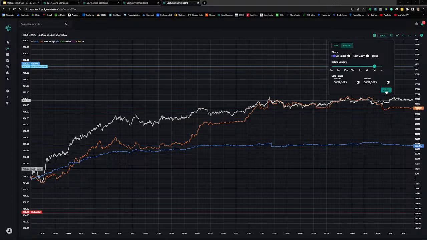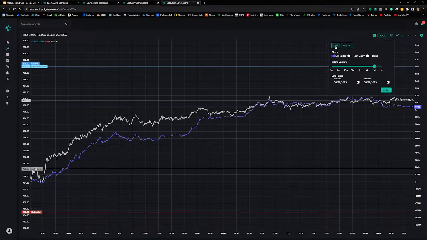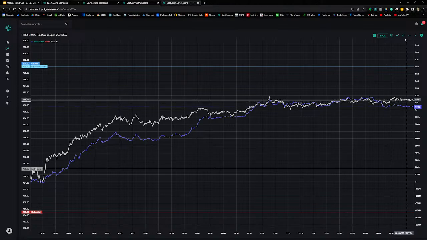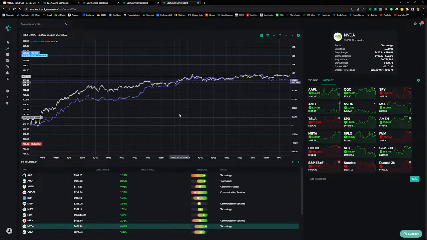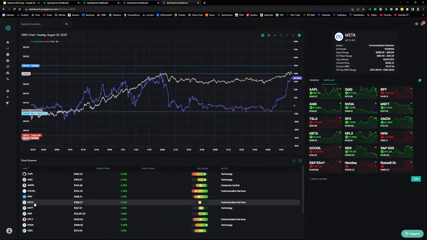I thought that was the stock trade of the day, just like the last few days. Very, very easy read, both in hedging flow and order flow. Looks like my time is almost up. We could take a look at any number of stocks, all large cap tech stocks.